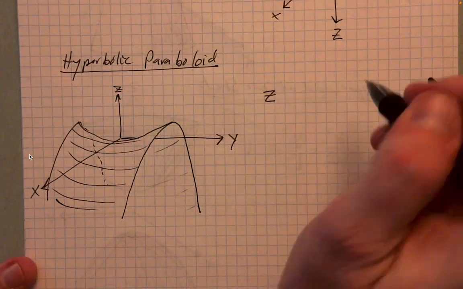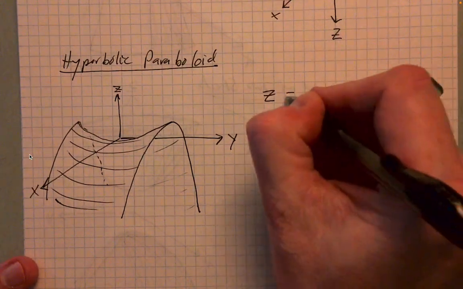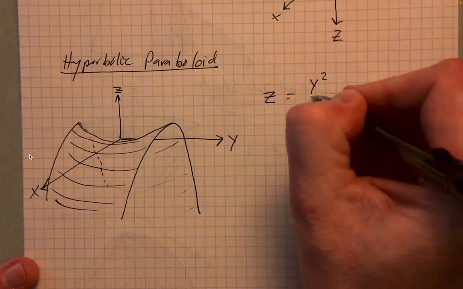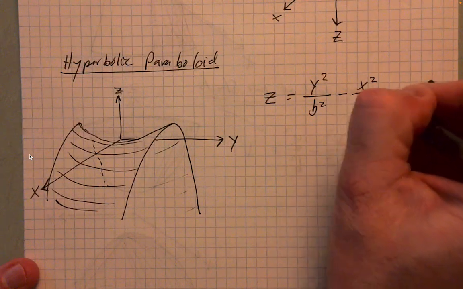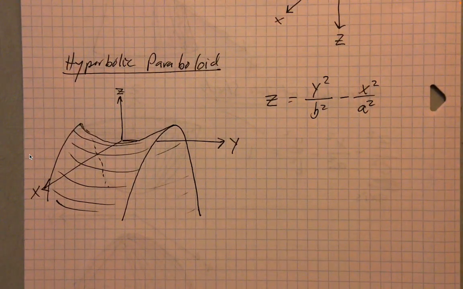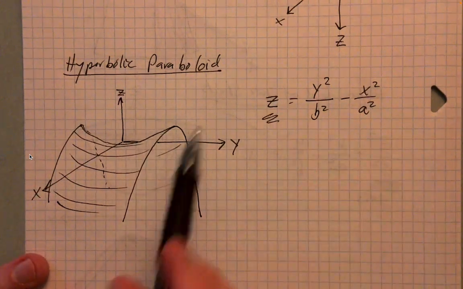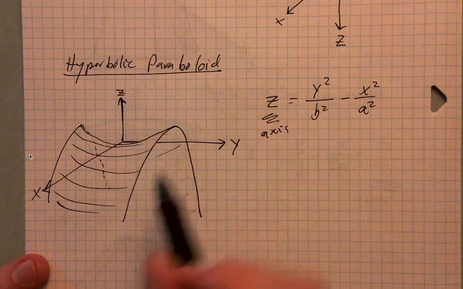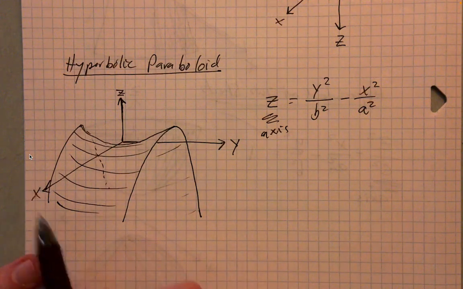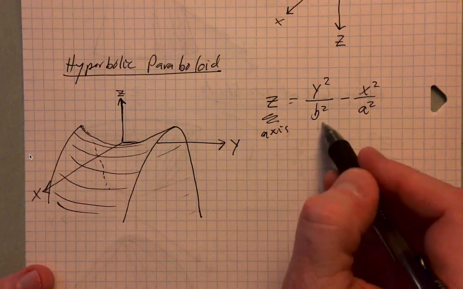What does this equation look like? Well, it's kind of similar to the elliptic paraboloid, except you're going to flip some of the signs here. So z equals y squared over b squared minus x squared over a squared. And again, the axis will be based on the single power. In this case, the axis comes out the top, but also the orientation of the saddle will be determined by these guys here.